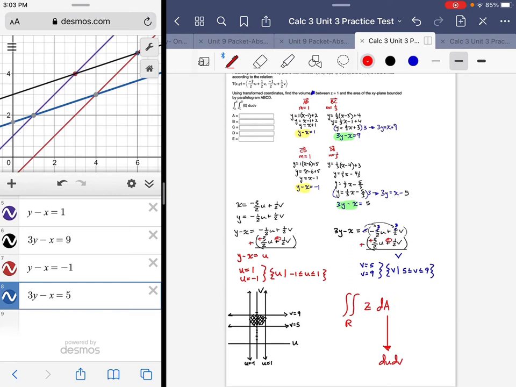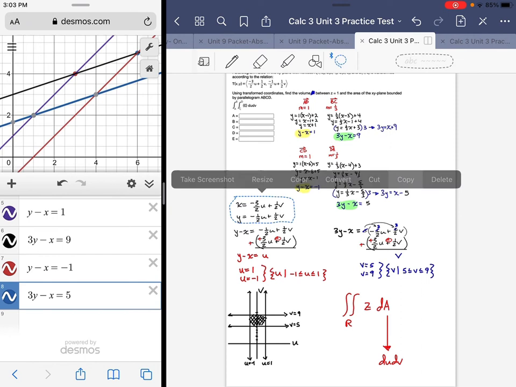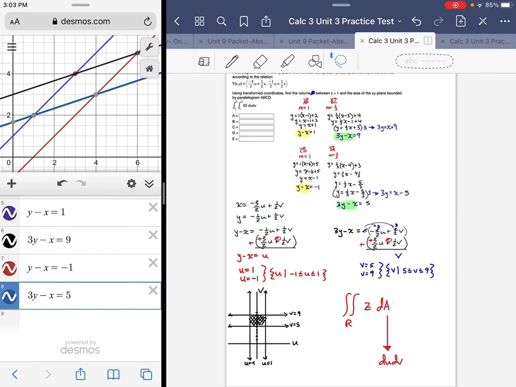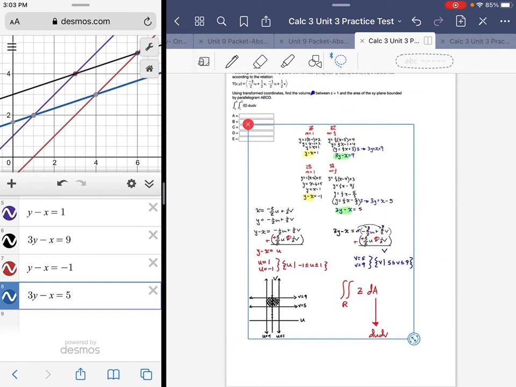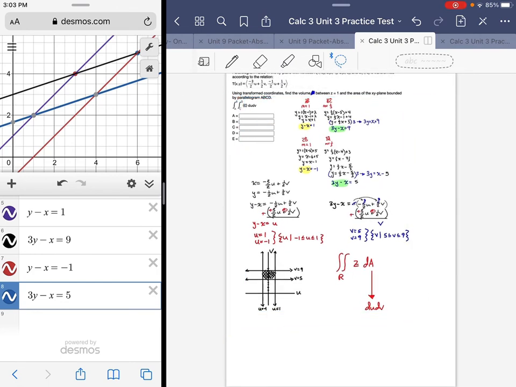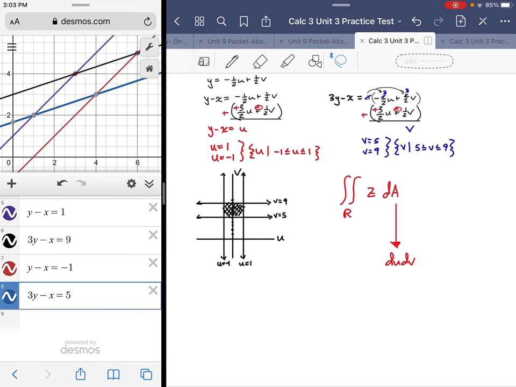So what I would need to do is figure out the Jacobian for this new coordinate system. We have the vector function that allows for the transformation, but we can use those equations to get us the basis area of the UV coordinate system.